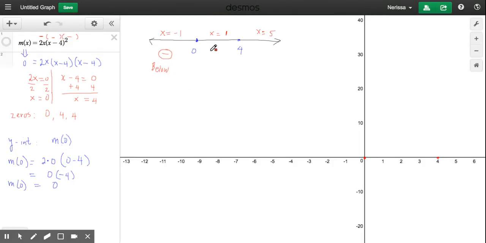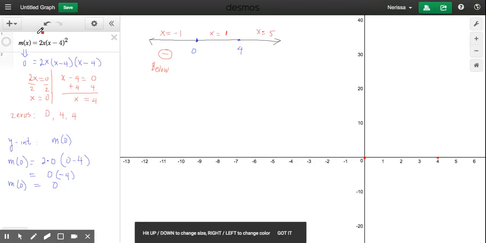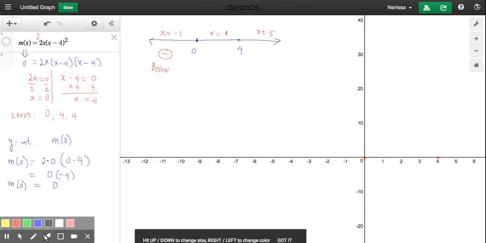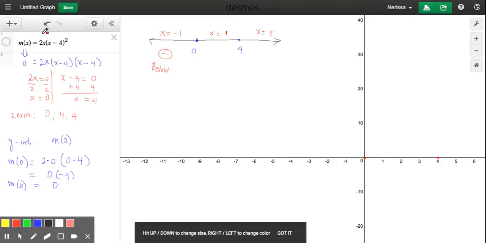Now let's go to this interval when x is equal to 1. Okay, let's erase this first. This becomes 2 times 1. And 2 times 1 is going to give us positive. So this is positive times 2 minus 4 is negative.